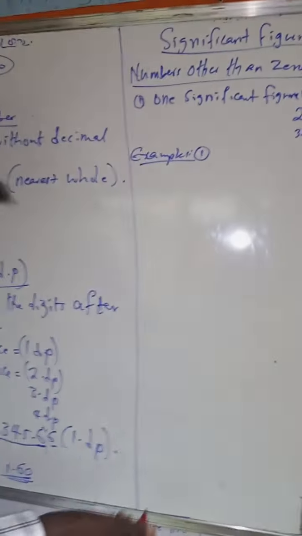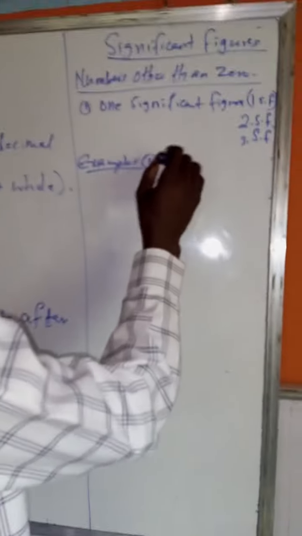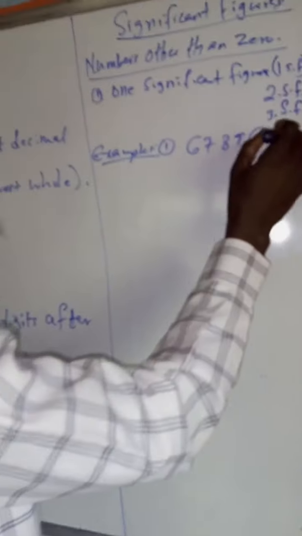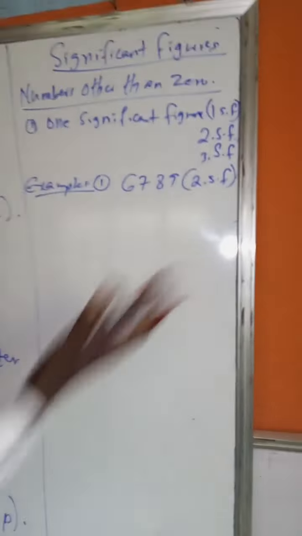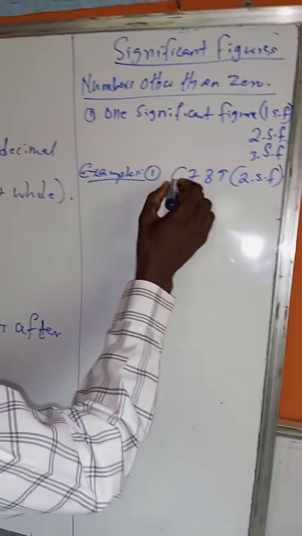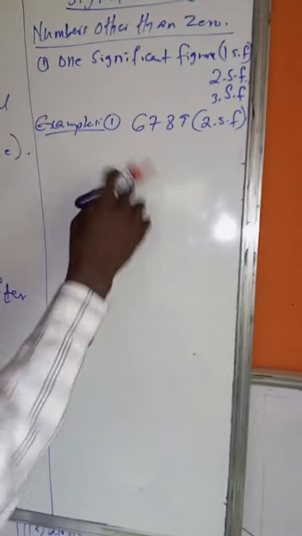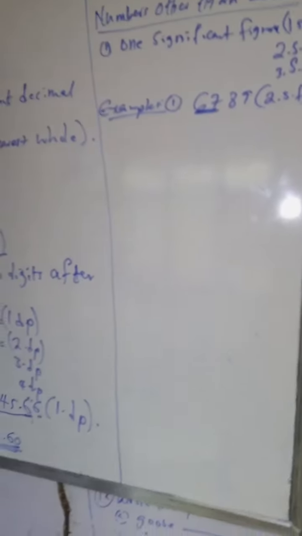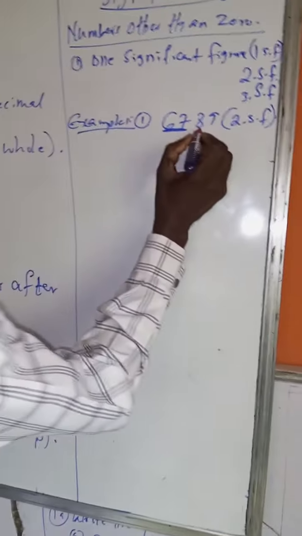You might be given 6, 7, 8, 9, and they just say to 2SF. You see that this one has no decimal point, so it means two significant figures, other than a zero. Starting from 1, we are concerned with the first two, but you are going to consider the next one.